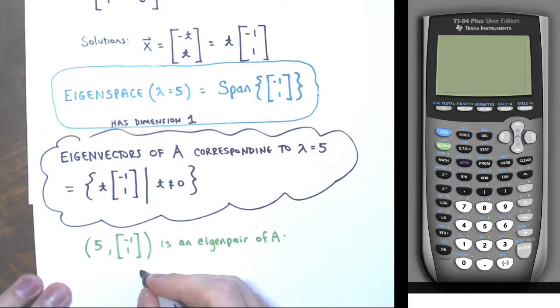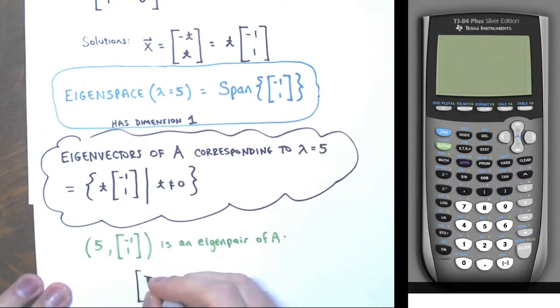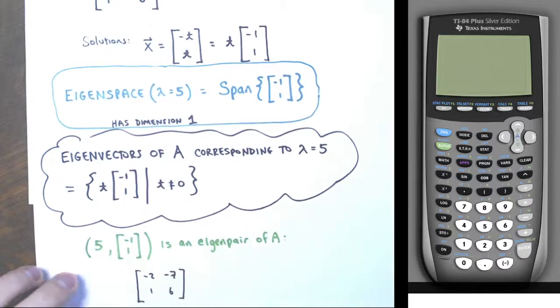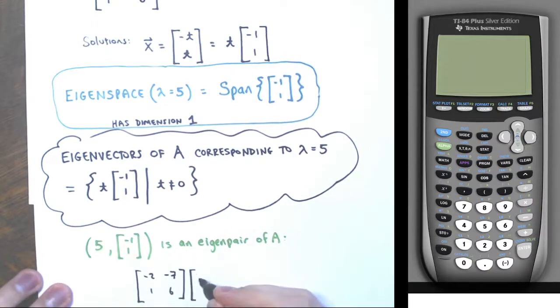We have negative 2, 1 first column, negative 7, 6 for the second column, multiplied by the vector negative 1, 1, and this should give me 5 times that vector, right? Or negative 5, 5.